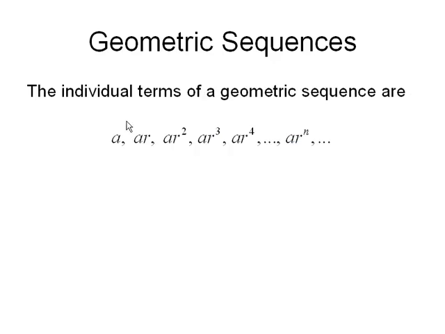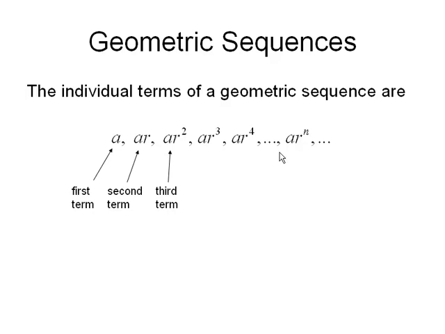So the individual terms of that geometric sequence we listed out before: the first term is A, the second term is AR, the third term is AR squared, and if we continue doing that, we always notice whatever the power on the R is, it is one less than the term it occurs in.